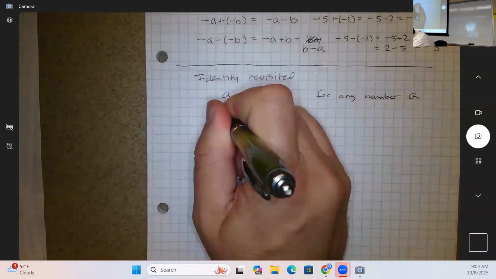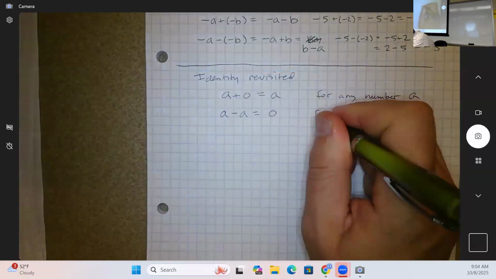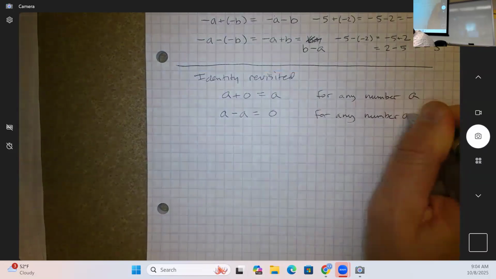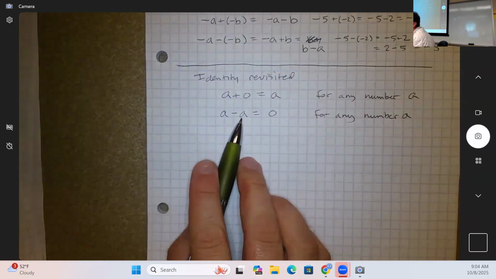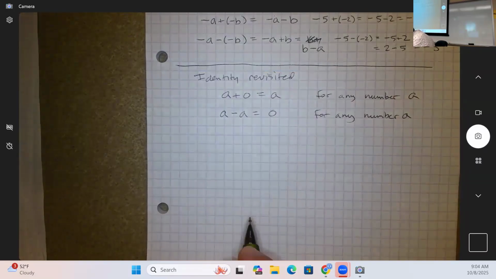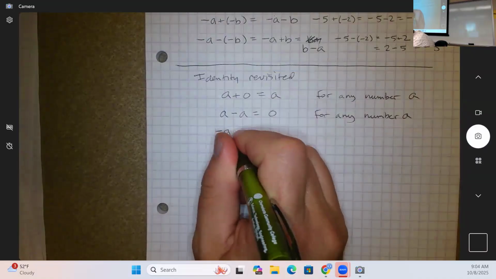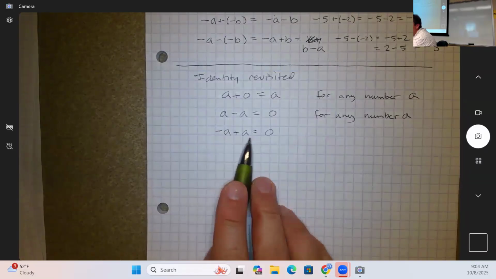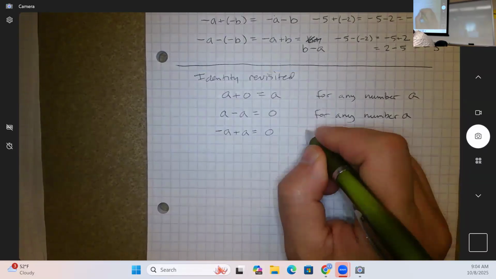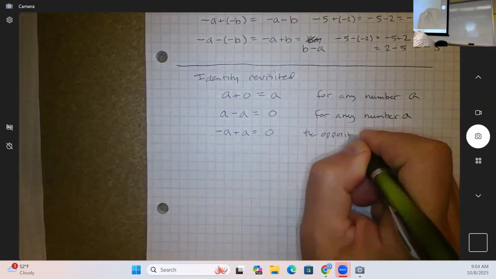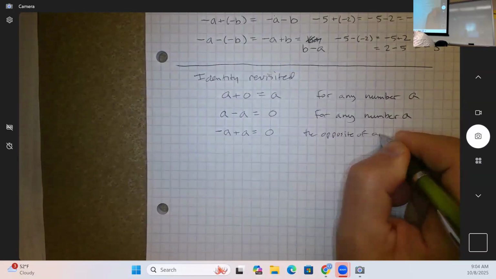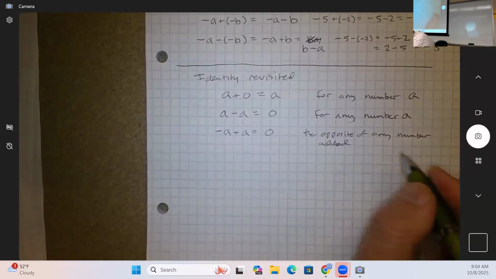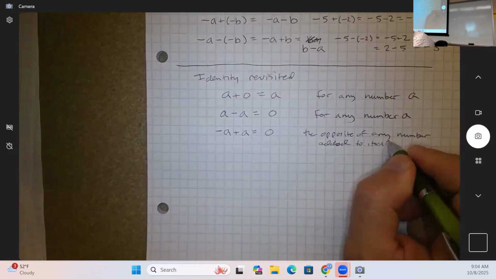One consequence of that is a minus a will always be 0. Any number subtracted from itself is 0. And I can rearrange that and say the opposite of any number added to itself is 0.